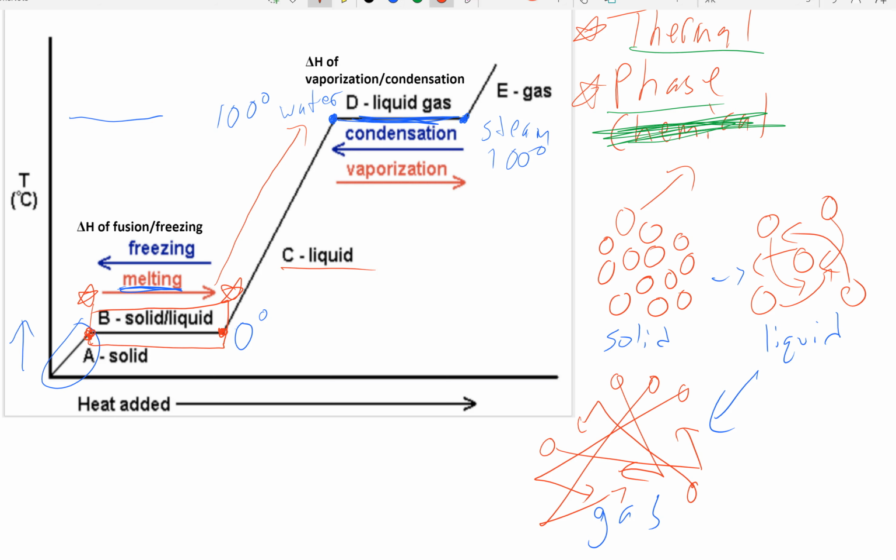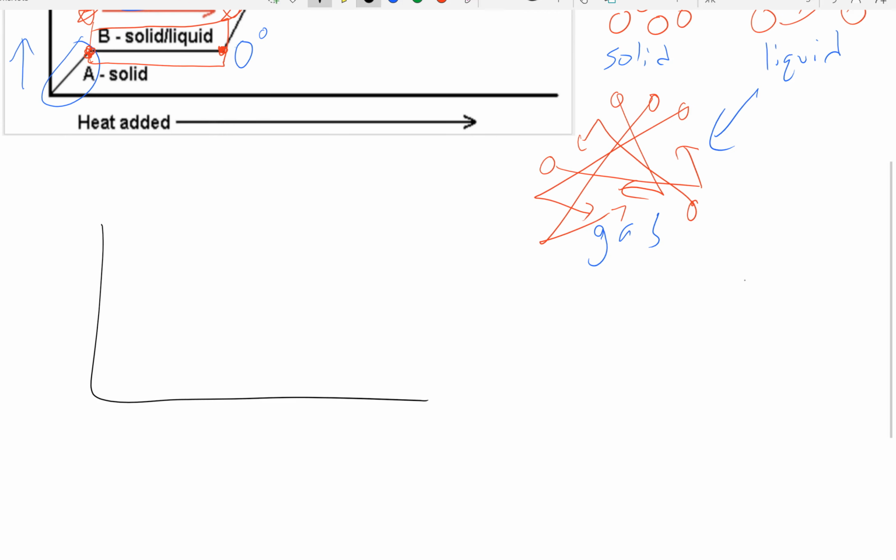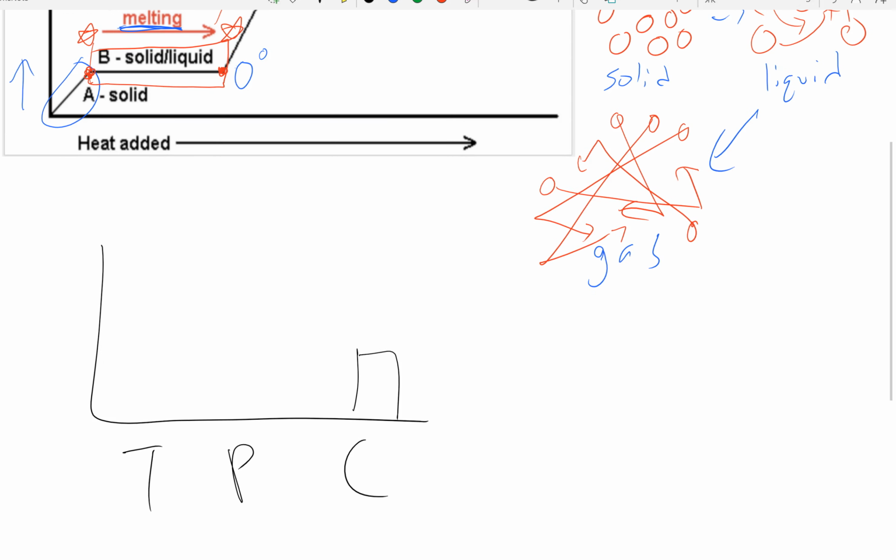If we were to draw the energy bar graphs for each of these, for ice, for liquid water, and for steam, you'd see three things here. You would see thermal, phase, chemical. The chemical energy stays the same because it's staying as water. But initially, for ice, the thermal energy is really low. And the phase energy is really low.